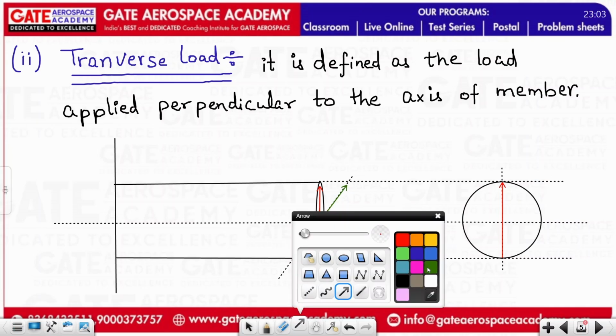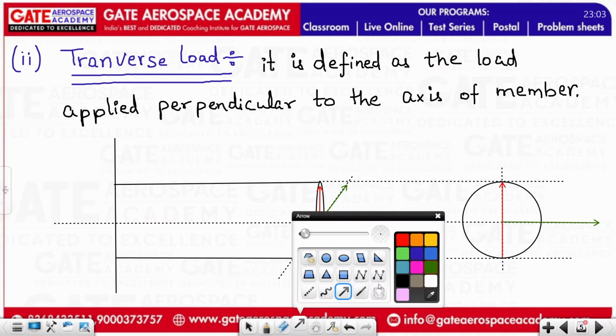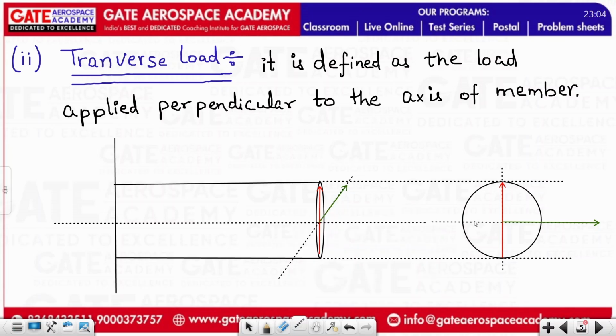Okay, so just try to understand the basic concept that I am trying to help you with. This is your actual axis, the major axis, the axis of the member.